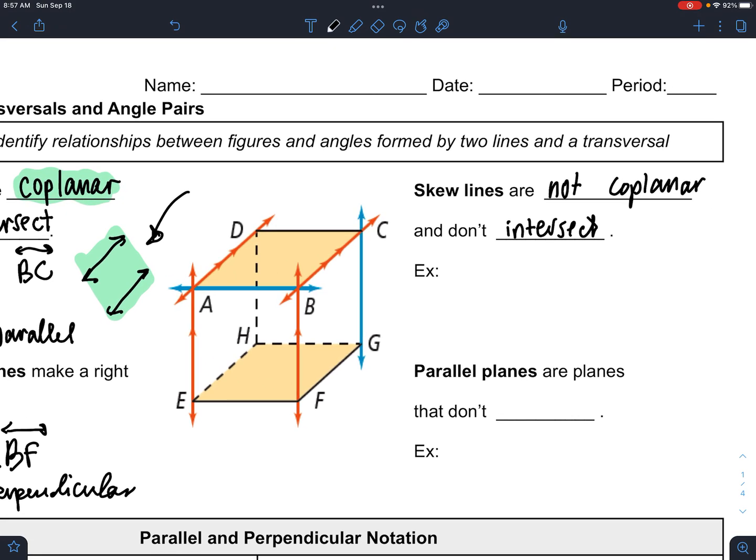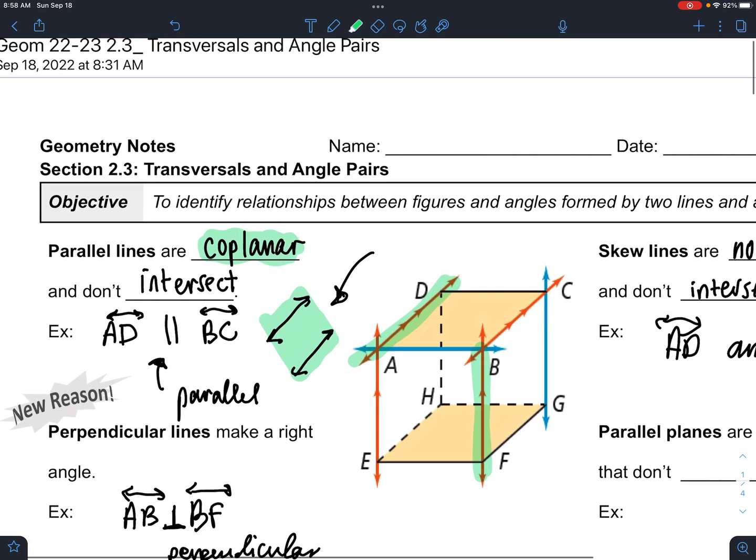So let me give you an example. How about line AD and BF? So AD is here and BF is here. Those lines will never touch. And they're not parallel because they don't look like the parallel line symbol.